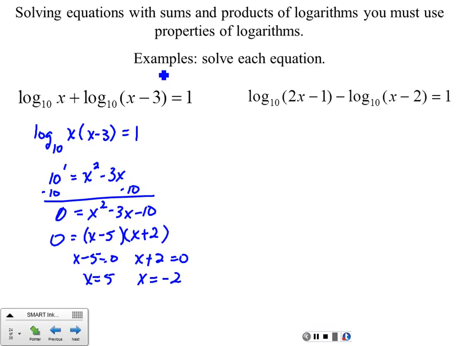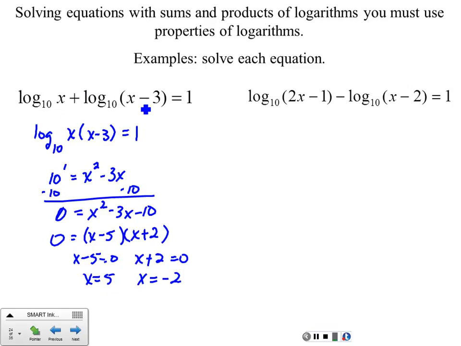Because watch, even your positive number may not work. Because if you take 5 and you plug it in here, your argument becomes 5. That's okay. That's good. We don't have a negative number.